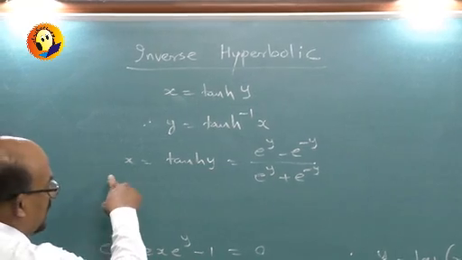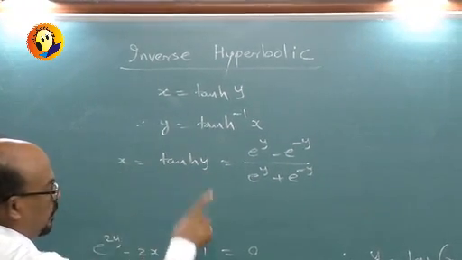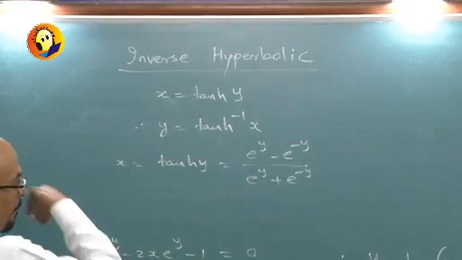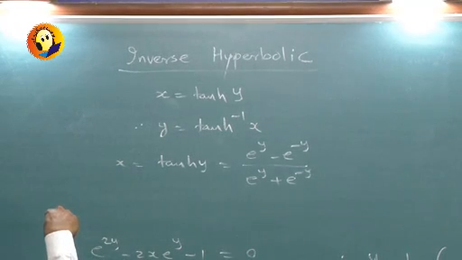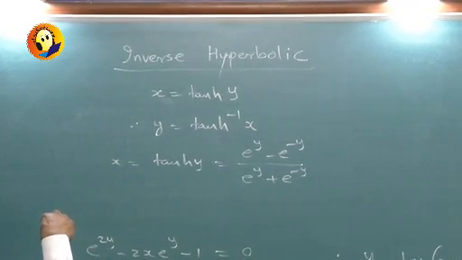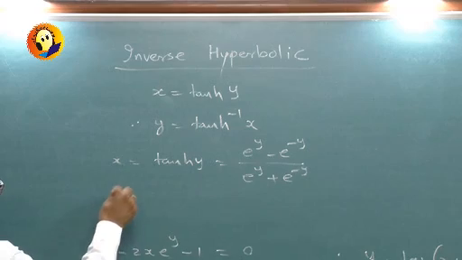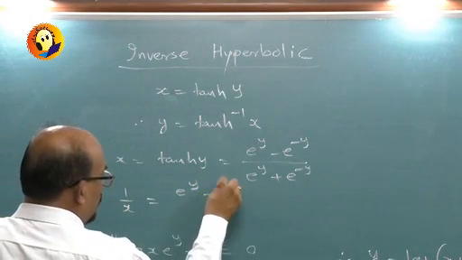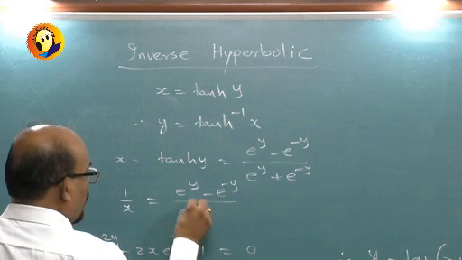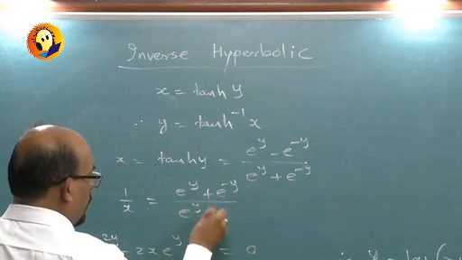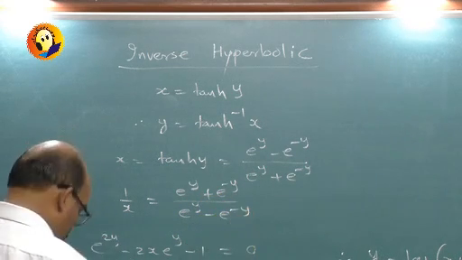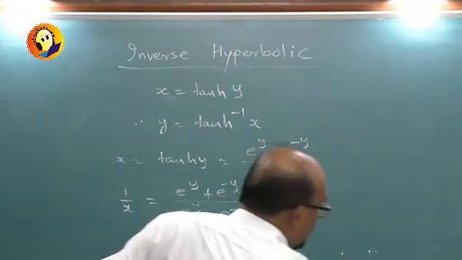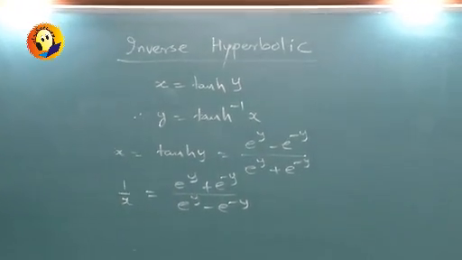So how should we write? Numerator plus denominator over denominator minus numerator. And then it is 1 plus x upon 1 minus x.